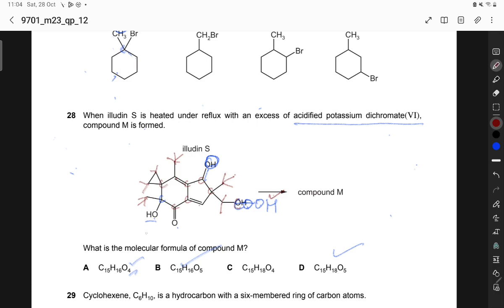Counting from here: 1, 2, 3, 4, 5, 6, 7, 8, 9, 10, 11, 12, 13, 14.